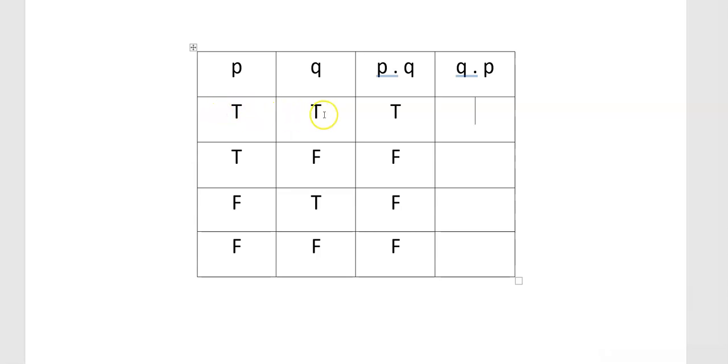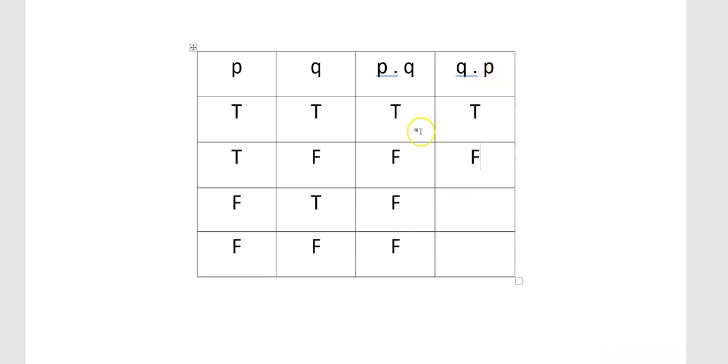So in the first row you see Q is true and P is also true. So it satisfies the rule of conjunction. So it is true in the first row. In the second row, if you look at Q, that is false and P is true, so this is against the rule, so that becomes false.